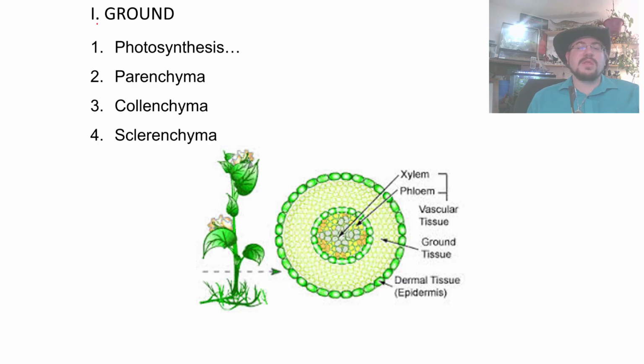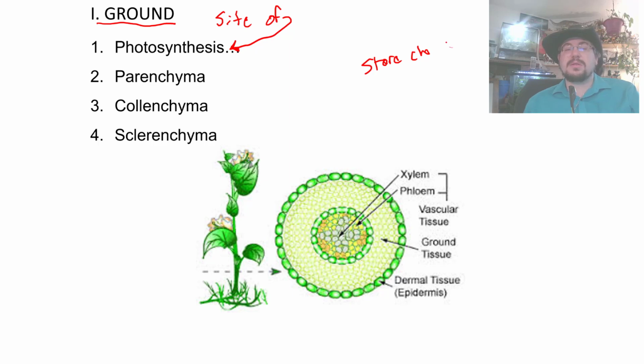All right, continuing on to the ground tissue. So the ground tissue is the primary site of photosynthesis. The photosynthetic tissue, by and large, is all ground tissue. So it can participate in photosynthesis, right? In addition to that, it can store various stuff. So we can store chemicals of various kinds in ground tissue.